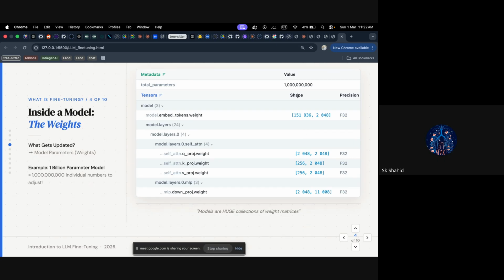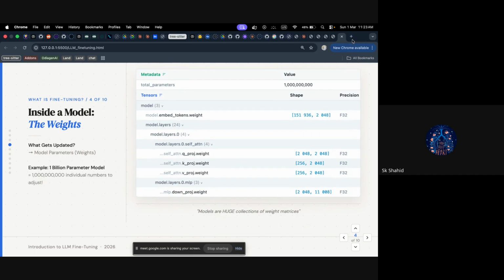So here you see, let's say we have 1 billion weights. The embedding token itself will get this 151, this is the dimension of my matrix. If you see a 3 by 3 matrix, it will have 9 numbers in it. If you see this matrix, it will have this into this. Whatever number you get, that is the number of parameters.